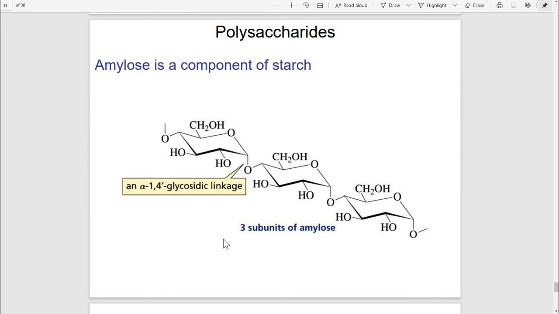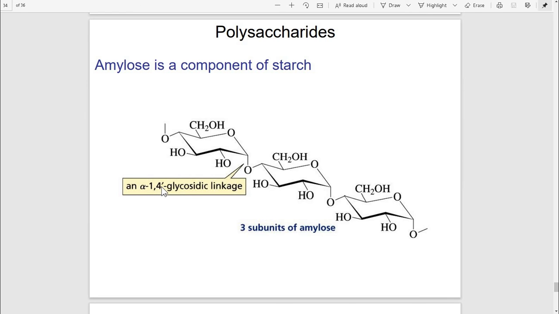Now, a short intro of polysaccharides. In a polysaccharide, many monosaccharides come together, meaning more than 2 compounds, 3, 4, 5. See here, amylose is a component of starch. Three subunits of amylose are present here.